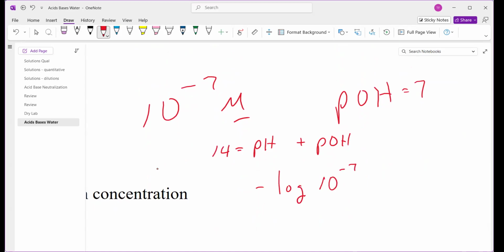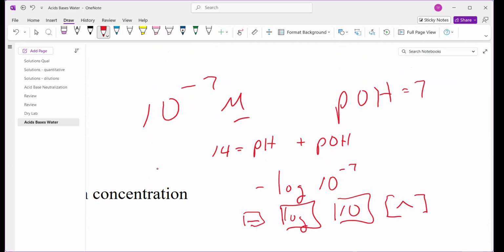On your calculator, you're going to go change sign, log, 10 caret. If your calculator doesn't have a caret, use x, should be a y to the x.